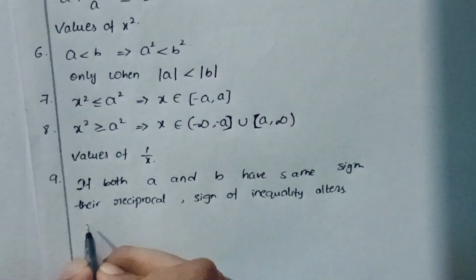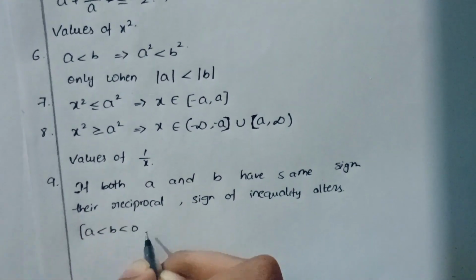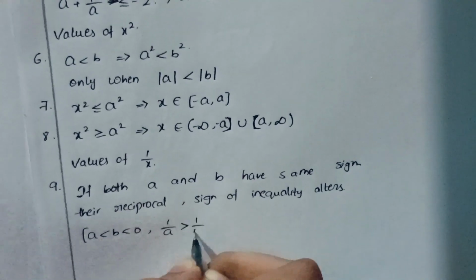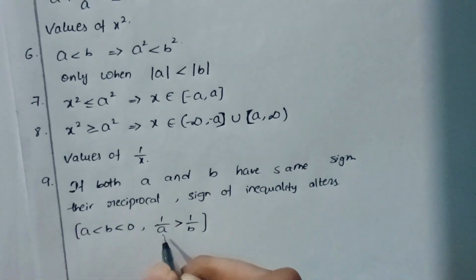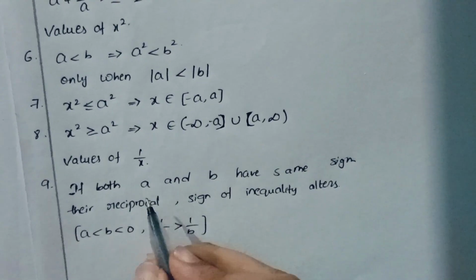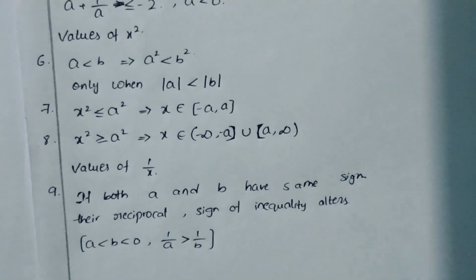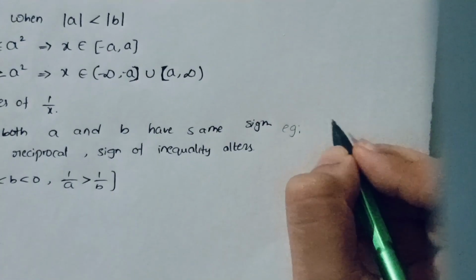Okay, like a is less than b is less than 0, then 1 by a is greater than 1 by b. See, here a is less than b, but here 1 by a is greater than 1 by b, from the above property.